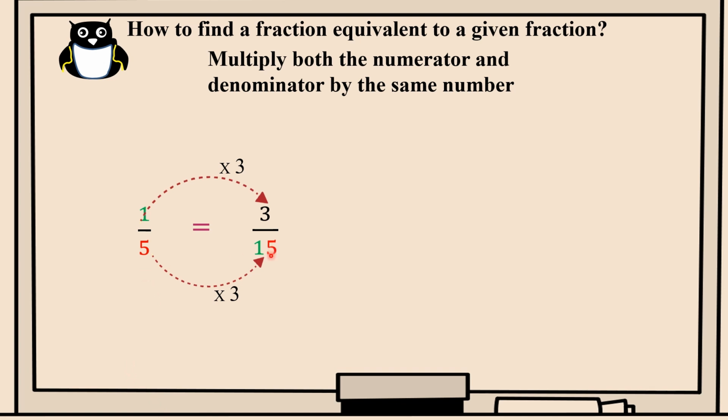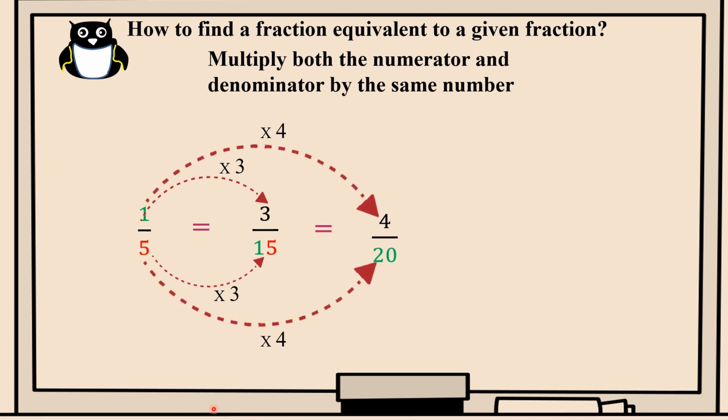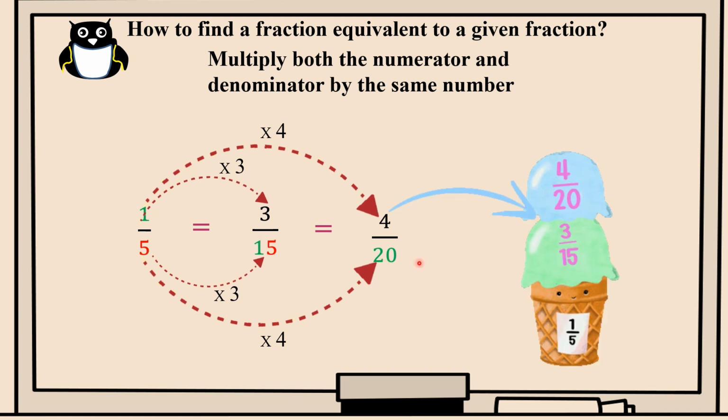So 3 by 15 and 1 by 5 are equivalent fractions. Now let us try multiplying 1 by 5 by another number, say 4. So 1 multiplied by 4 gives 4, 5 multiplied by 4 gives 20. So 4 by 20 is another equivalent fraction to 1 by 5. So 1 by 5 is equal to 3 by 15 is equal to 4 by 20. You can see one example here.